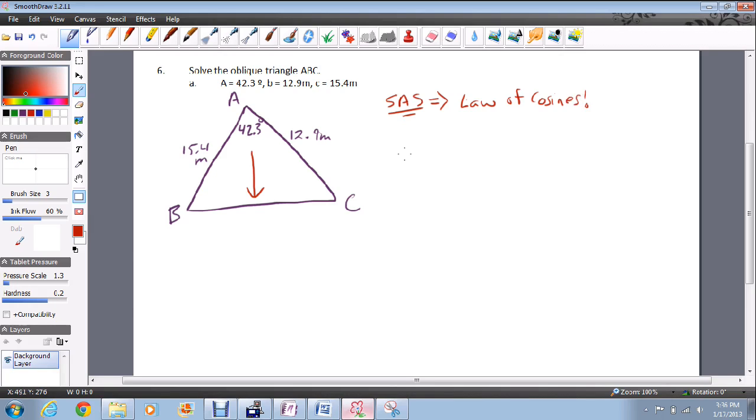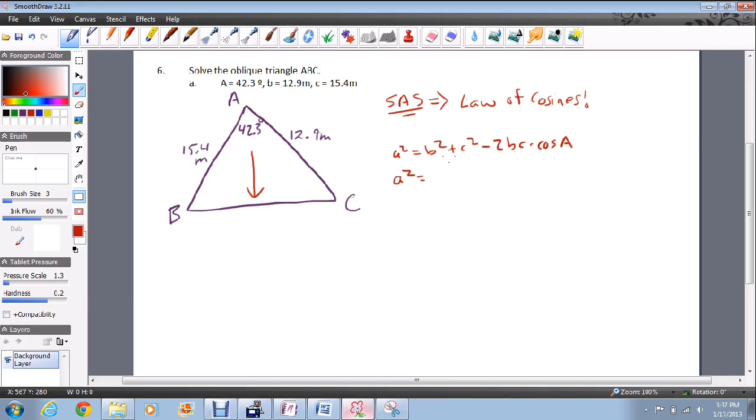And for this particular problem, I'm going to set it up as a squared equals b squared plus c squared minus 2bc times the cosine of theta, or in this case, angle A. So if I plug all of my values in, I'm not going to write all that down, I'm sure we can do that.